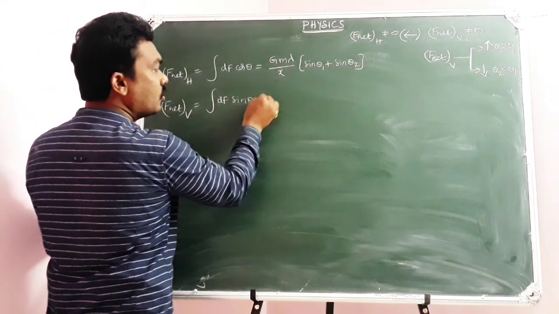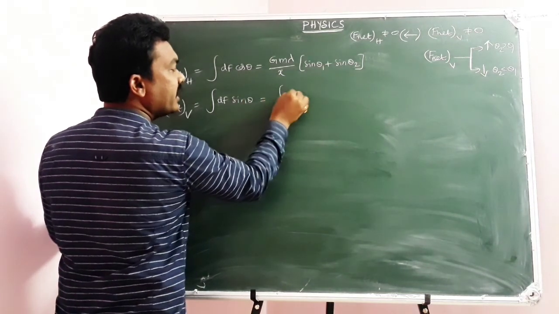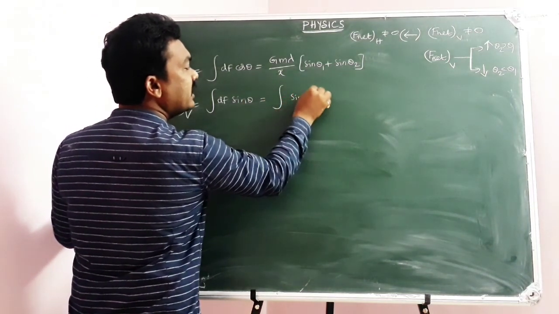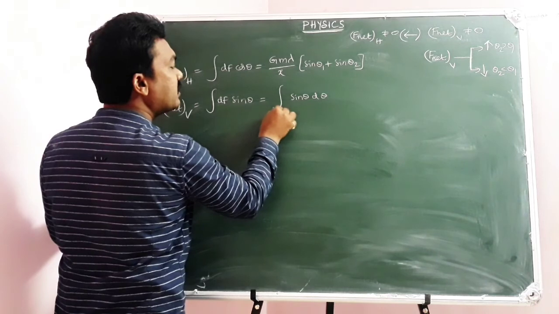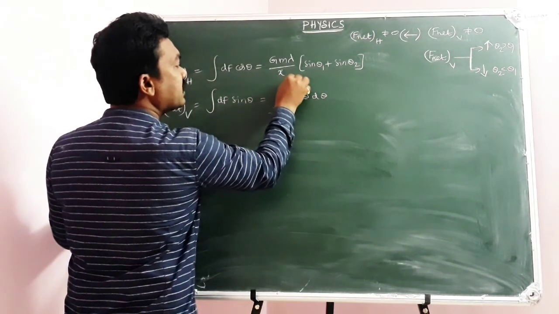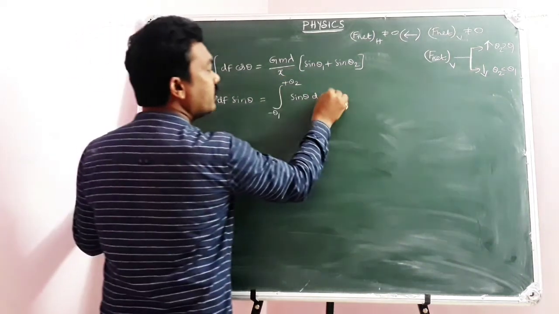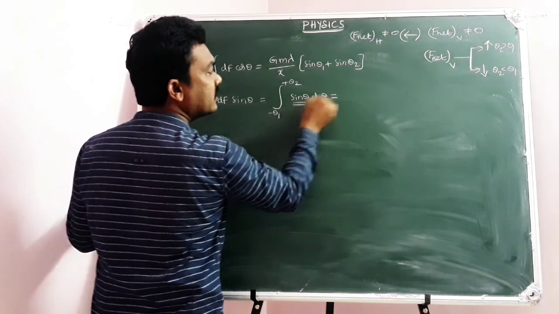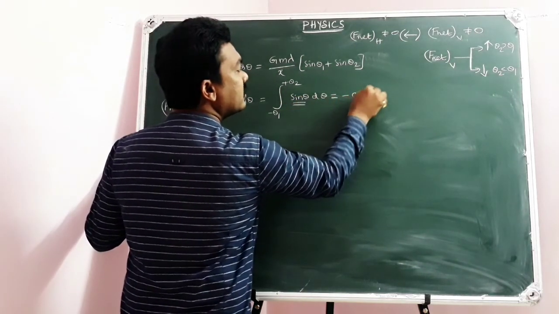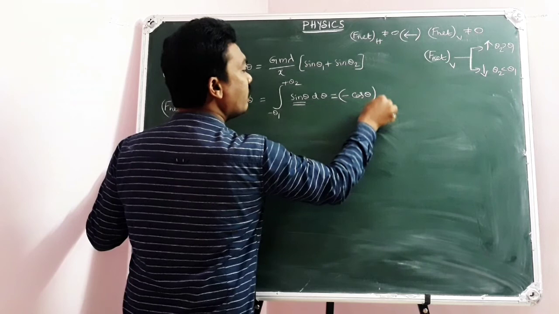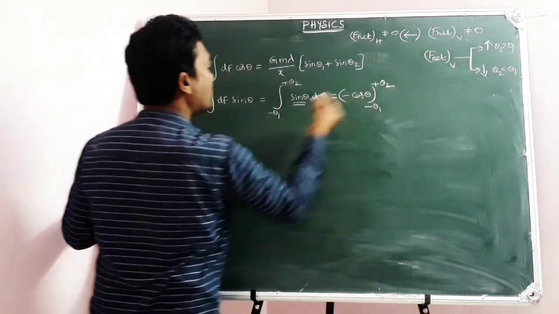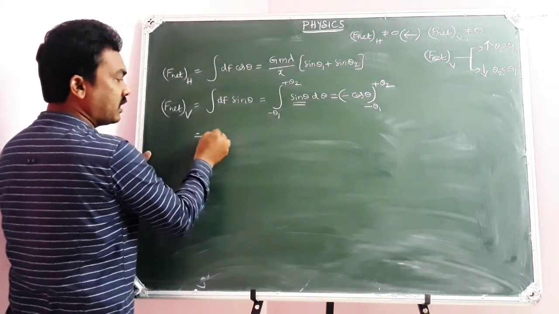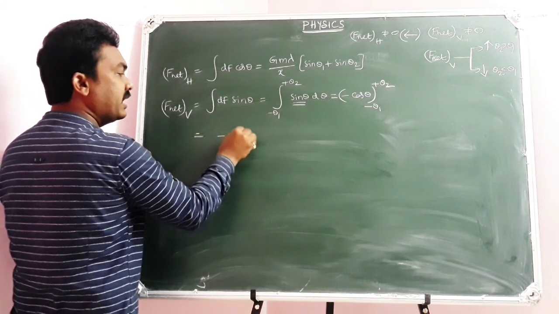Of course, I told you, if you simplify this, you will get integral of sin theta d theta between the limits minus theta 1 to plus theta 2. And I told you integral of sin theta is minus cos theta between the limits minus theta 1 to plus theta 2. So this is equal to first upper limit, minus cos theta 2.